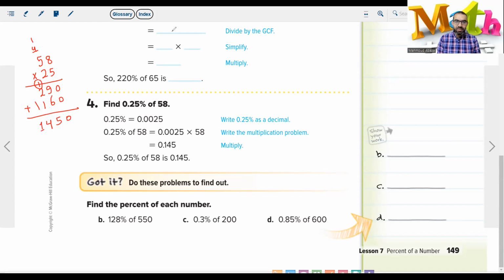Now, the decimal point will be after 4 digits because it was after 4 digits at the beginning. So 1, 2, of course to the left, 3, 4, means the decimal point will be exactly here. So it's 0.1450, and this 0 to the right has no meaning. So it will be 0.145, or we can say 145 thousandths.